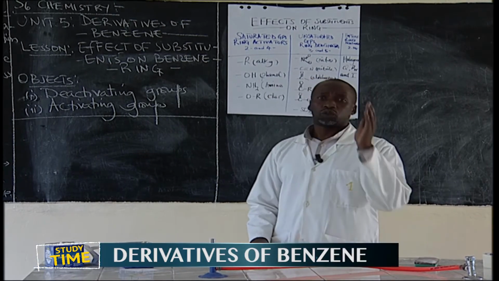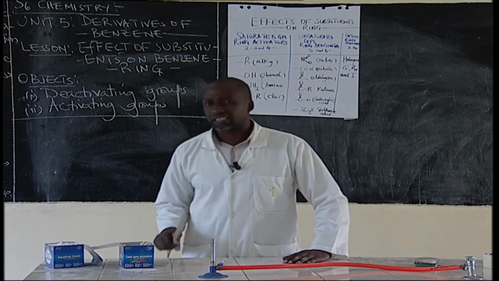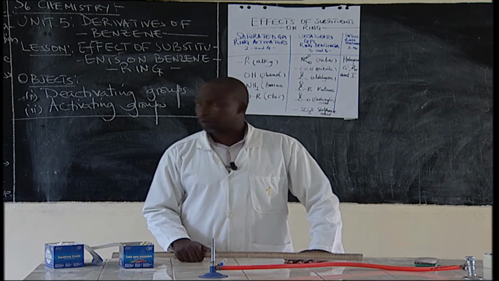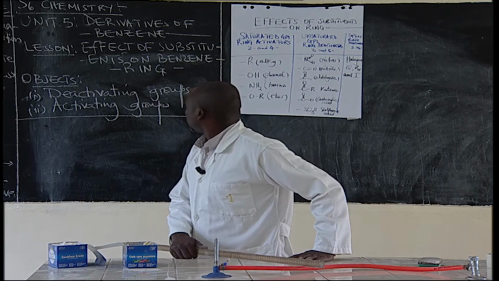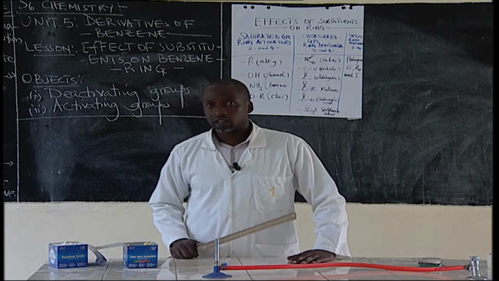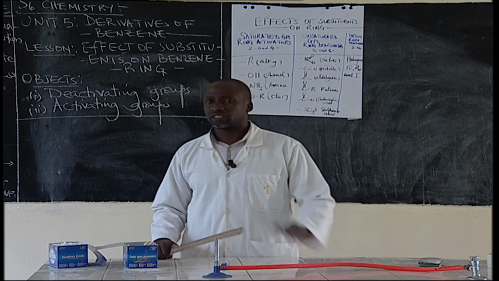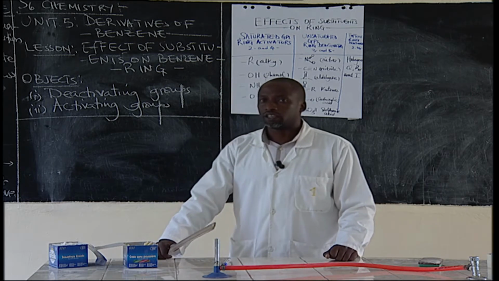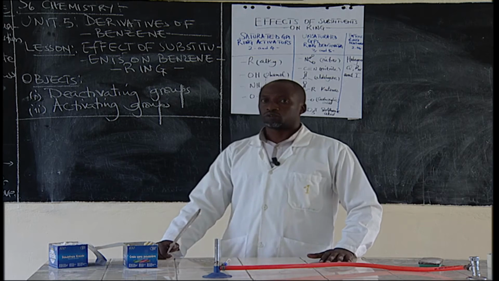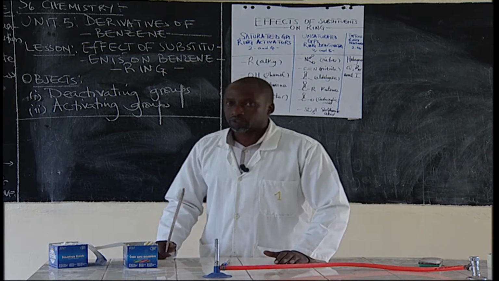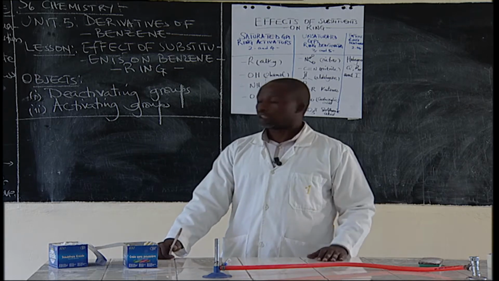And we talked about the chemical properties of benzene and even the physical properties. And if you remember again, the type of reaction, that is the most important part that each of you should not forget: the electrophilic substitution reactions.